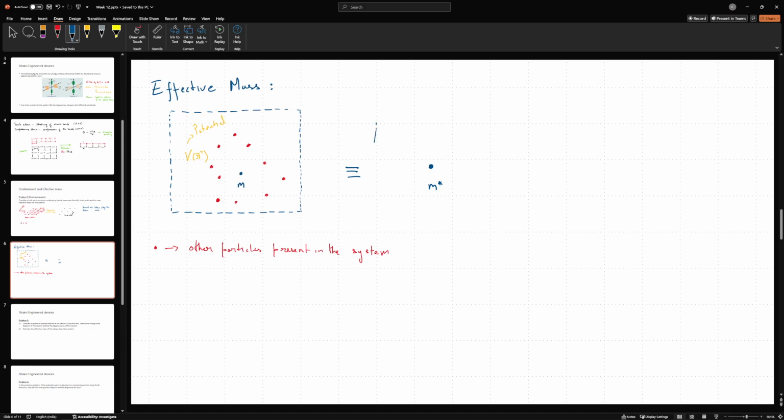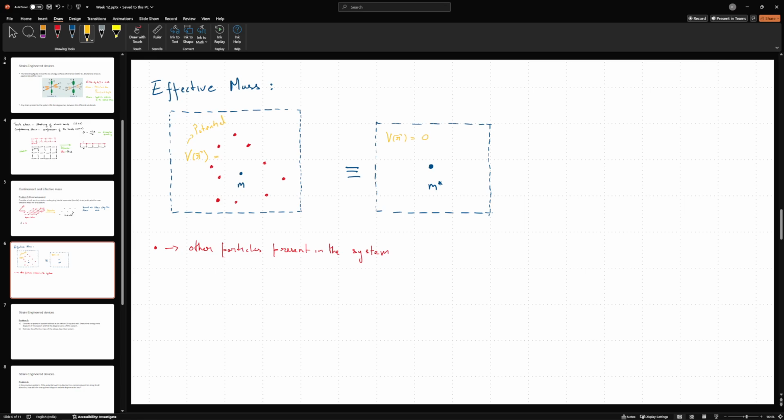So now I redefine the system as one containing no other particles and a zero external potential also. So V of R vector is equal to 0. Over here it is not equal to 0.